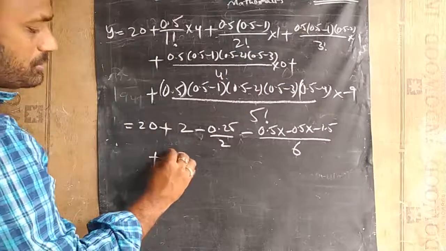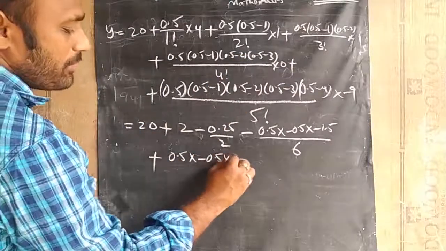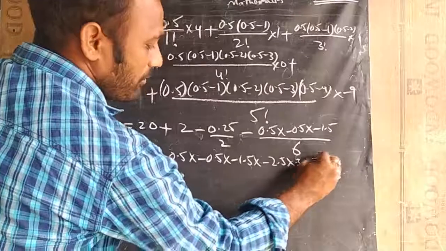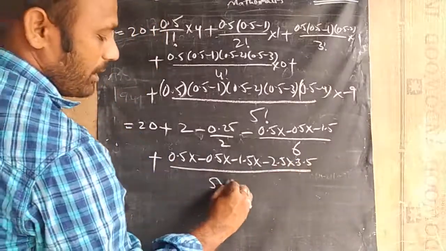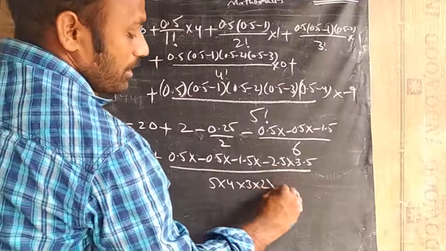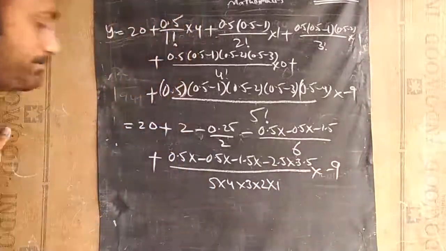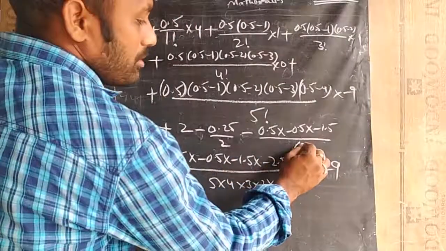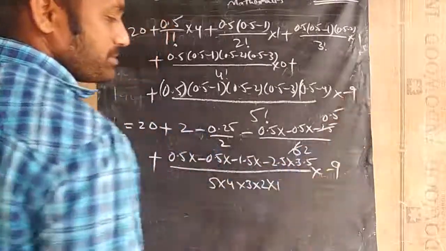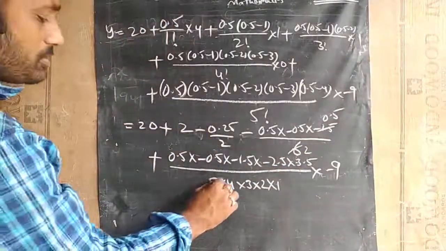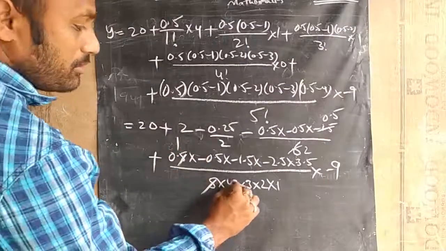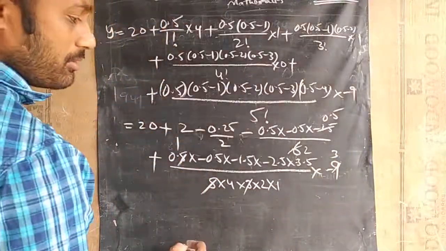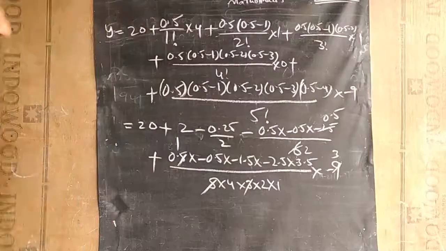Next step, 0.5 into minus 0.5 into minus 1.5 into minus 2.5 into minus 3.5 divided by 5, 4, 3, 2, 1 into minus 9. What can we cancel here? Nothing we can cancel further, so it will be as it is.